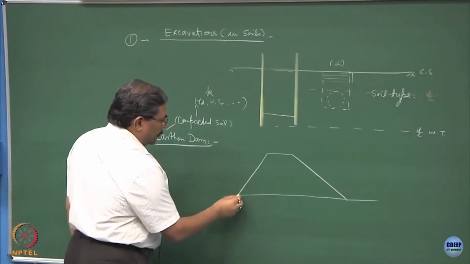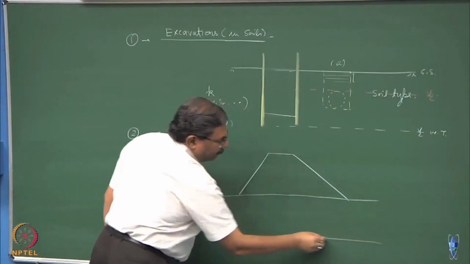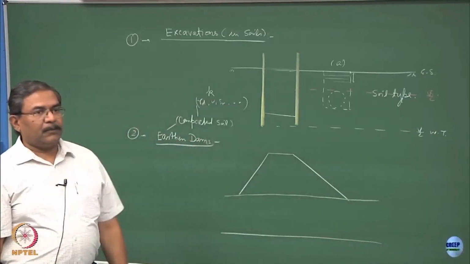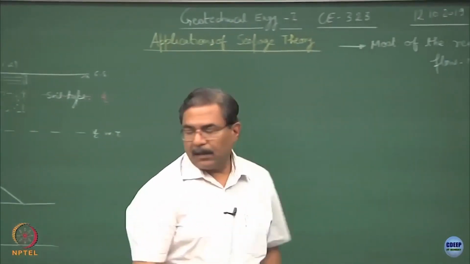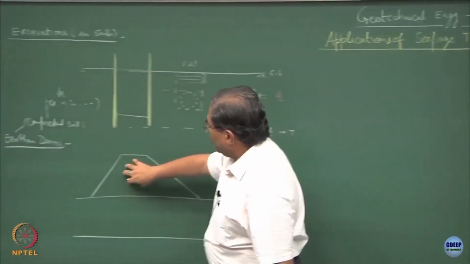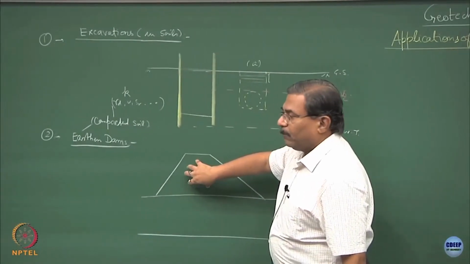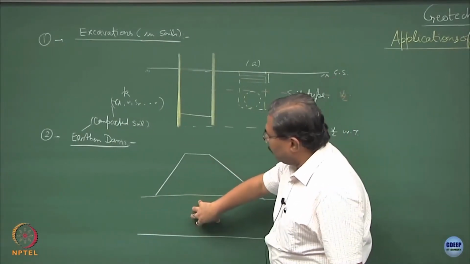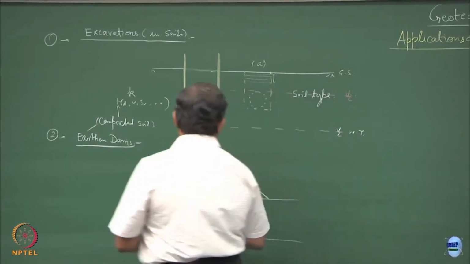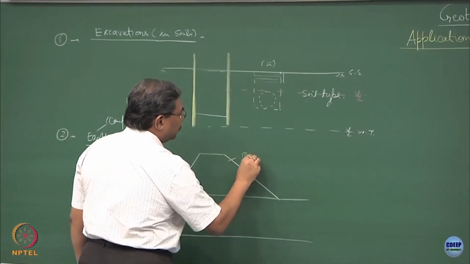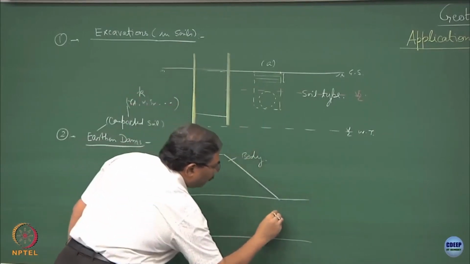And this is somewhere I have the foundation system. So, these dams have typically two domains. The first domain is the body of the dam and the second is the foundation of the dam, alright. So, this is the body of the dam and this is the foundation system.